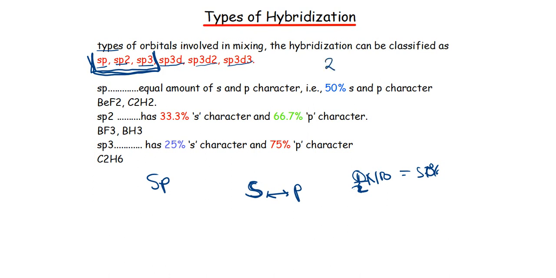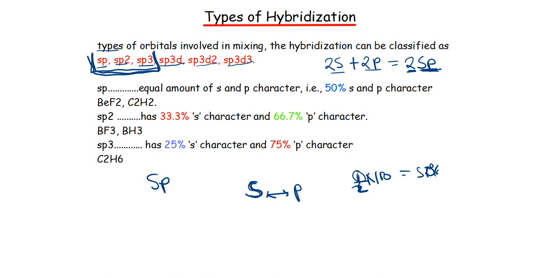So if it is 2s, then we should combine it with 2p. That's how we should combine them. So we form 2sp. This is the energy level that they have. So the hybridization is sp. These are orbitals. Remember we talked about them in lecture 1. Now we are discussing how they combine.